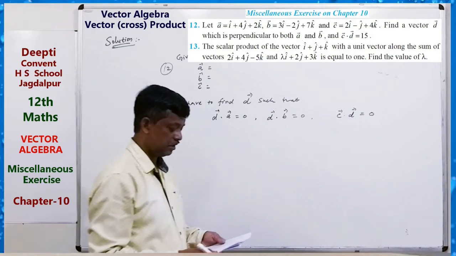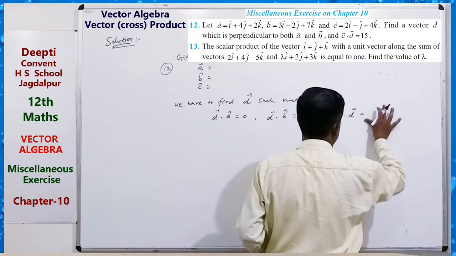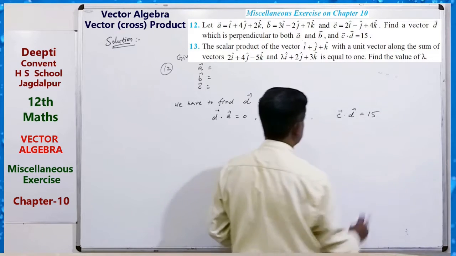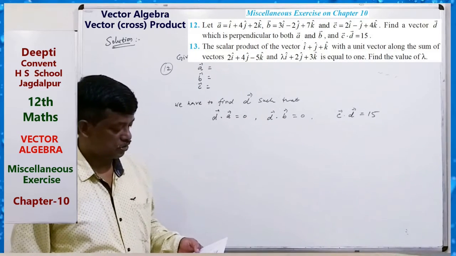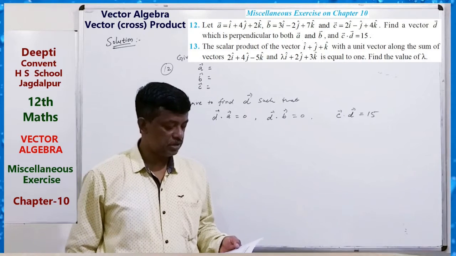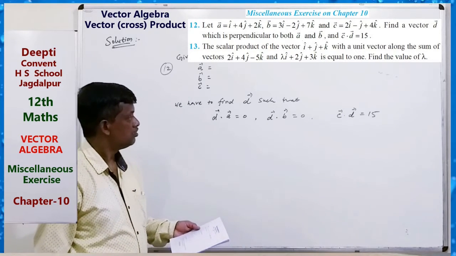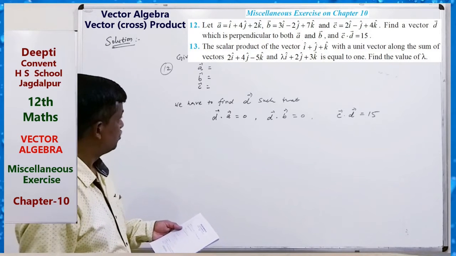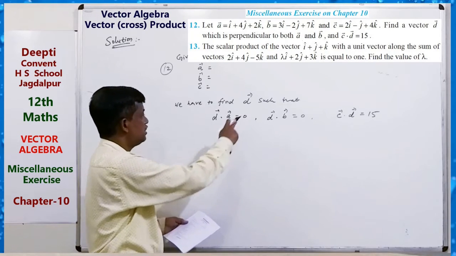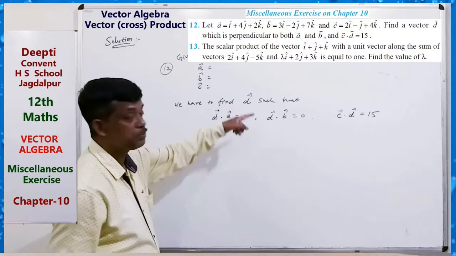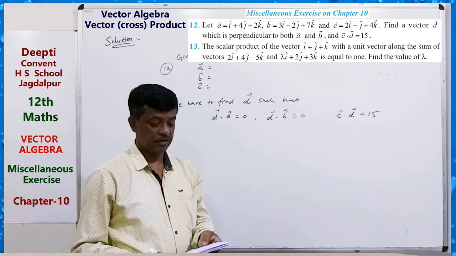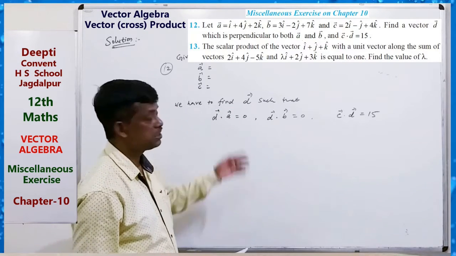These are the conditions. Sorry, it is 15. Clear? So D dot A is 0, D dot B is 0, and C dot D equals 15, because D is perpendicular to both A and B, so these are equal to 0.